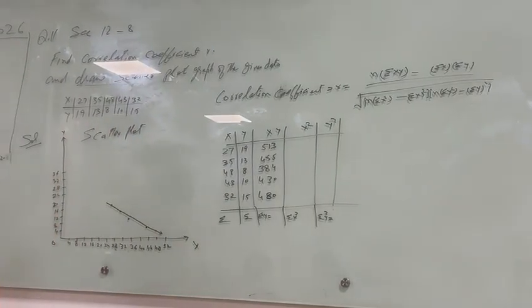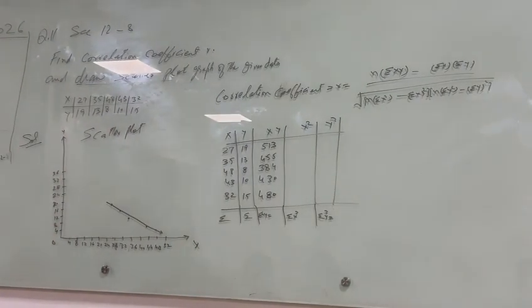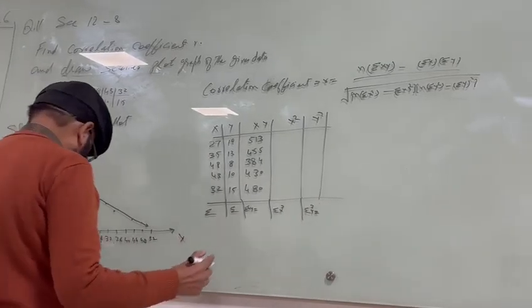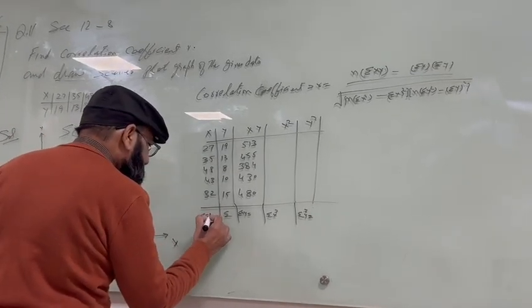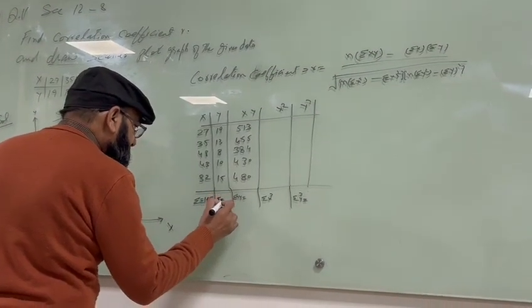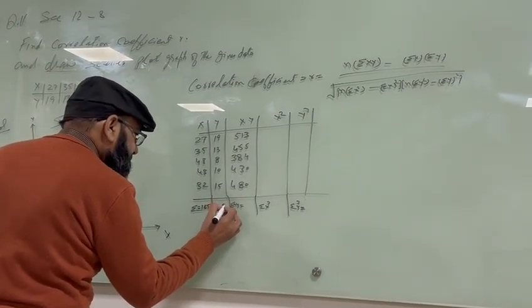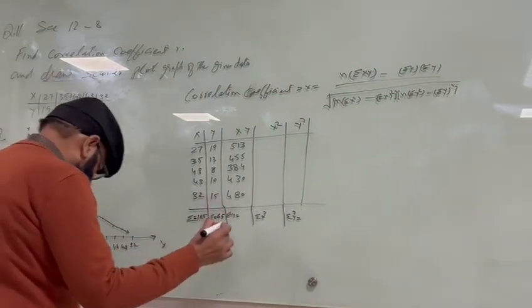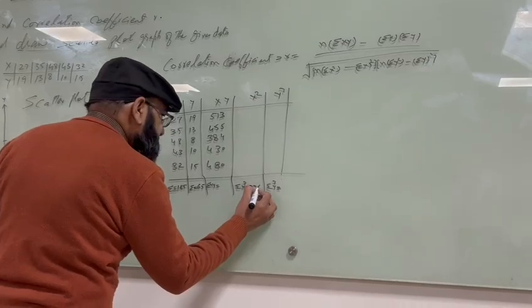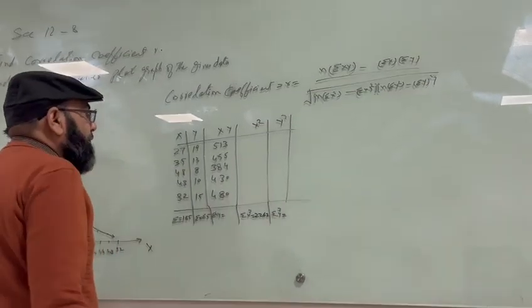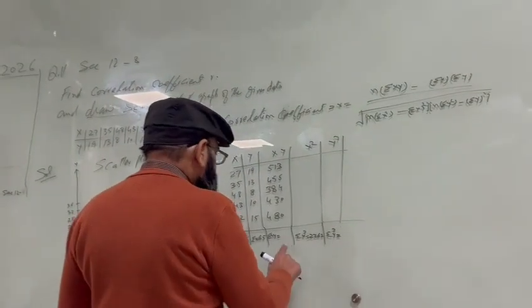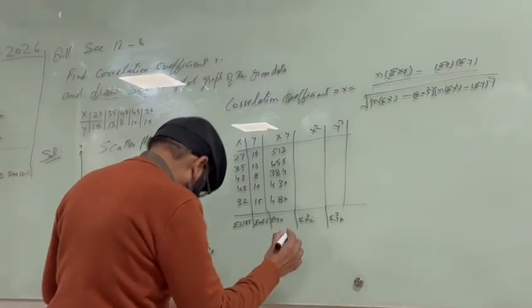After taking the products, the summation of x is 185, the summation of y is 65, and the summation of the products is 2262.